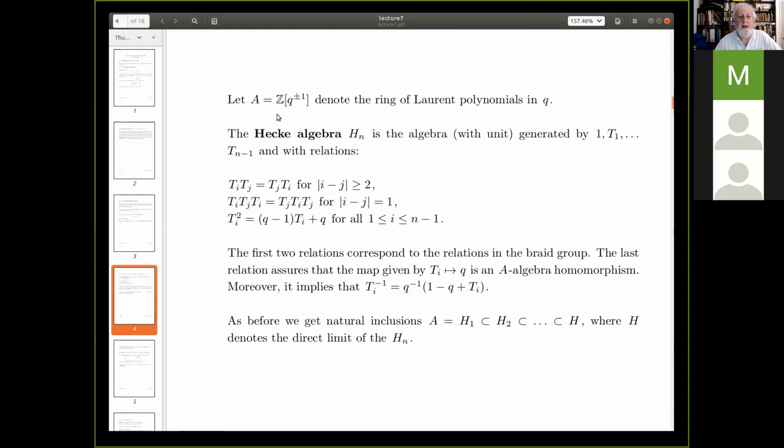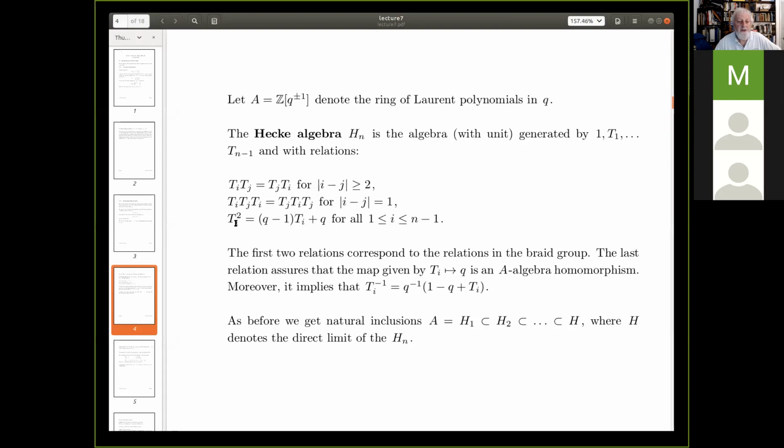Right, so A is the ring of Laurent polynomials in Q with integer coefficients, and the Hecke algebra Hn is generated by 1, T1 up to Tn minus 1, and its relations are: Ti and Tj commute if they're far enough apart, just like the braids. Similarly, we've got the Yang-Baxter equation for if they're close together.